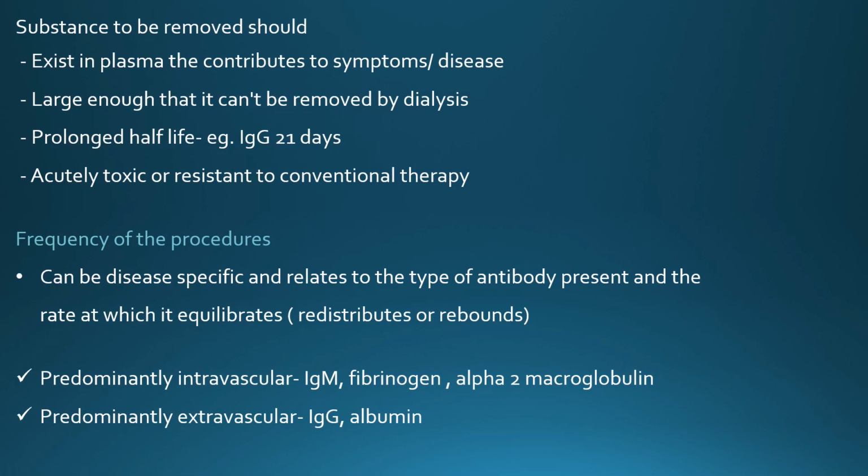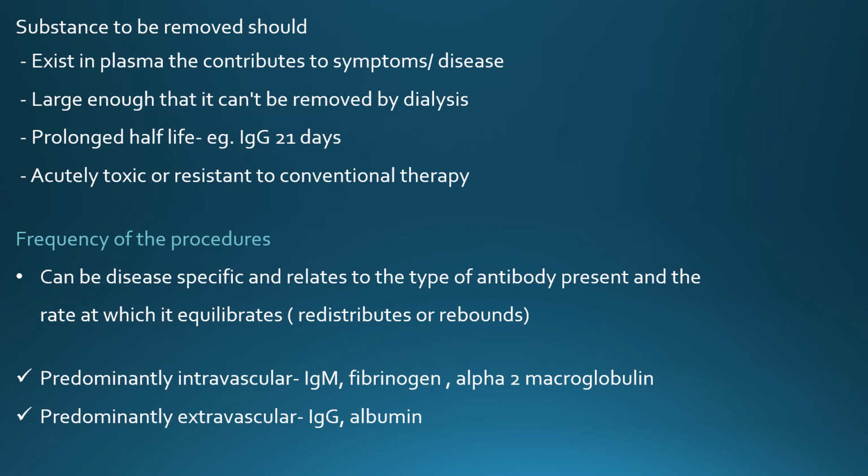Now, which substance needs to be removed? The substance should be present in the plasma and contribute to the disease or the symptom. It is large enough that it cannot be removed by dialysis, and it has a prolonged half-life. For example, for IgG, the half-life is 21 days.